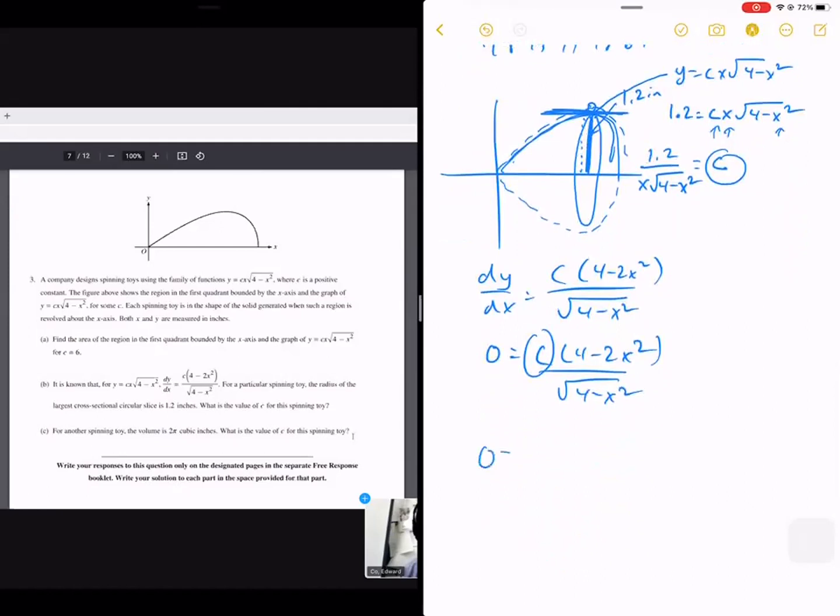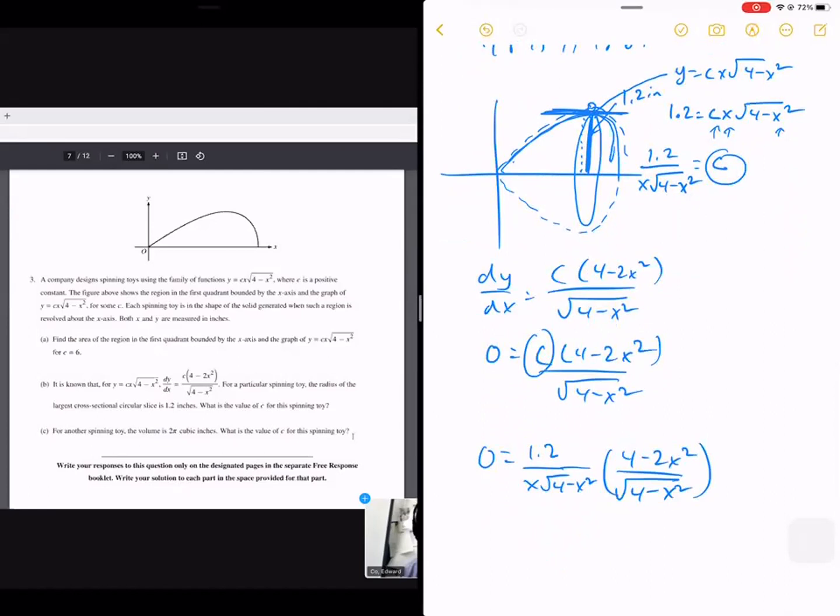So 0 is equal to 1.2 over x square root of 4 minus x squared, times 4 minus 2x squared over the square root of 4 minus x squared. Are you okay with how I plugged in the C value? Isn't C in the numerator?